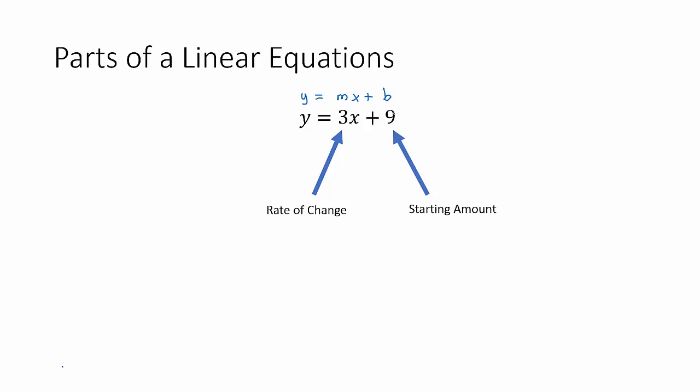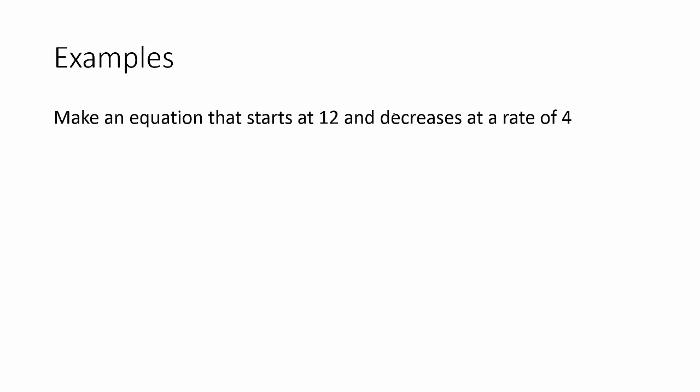So if we can identify how things are changing and put that number in front of the x, and identify the starting amount and put that number after the addition, we have an equation that can model the situation. For example, if we want to make an equation that starts at 12 and decreases at a rate of 4, keep in mind that y equals mx plus b. b is where we start, and m is how we change.